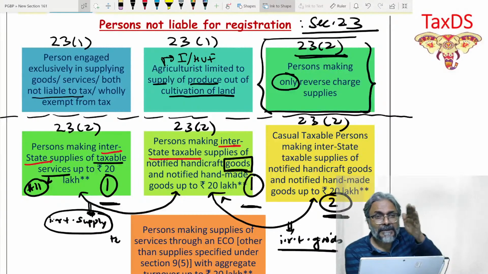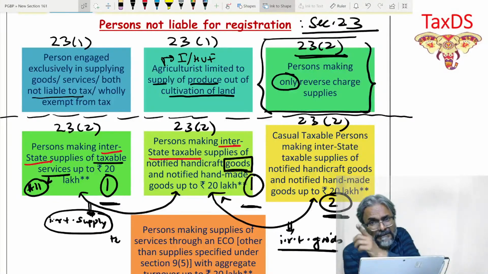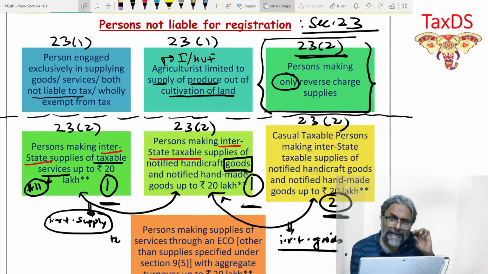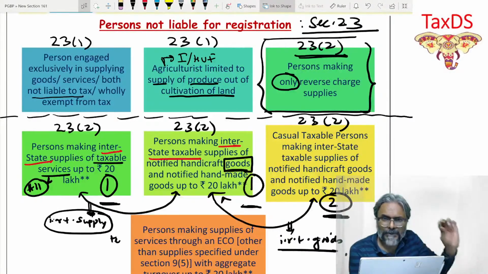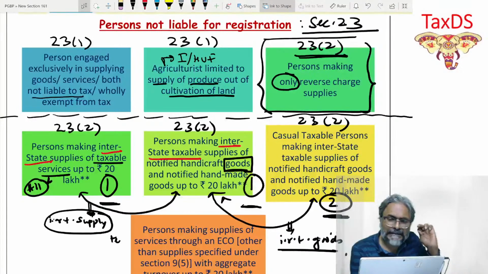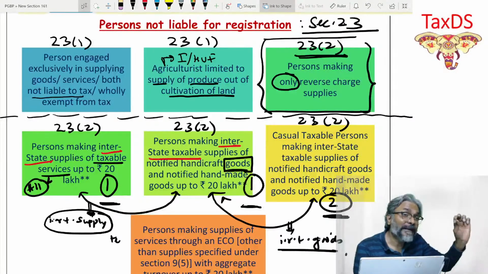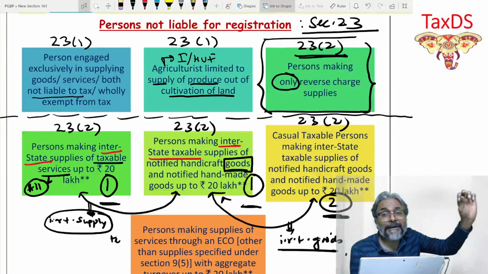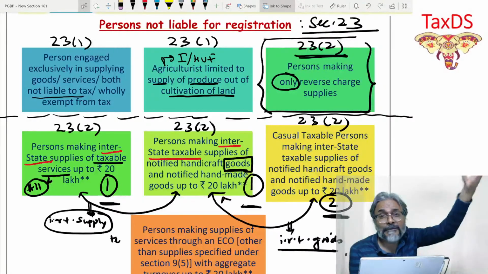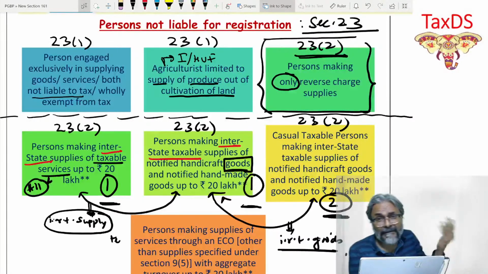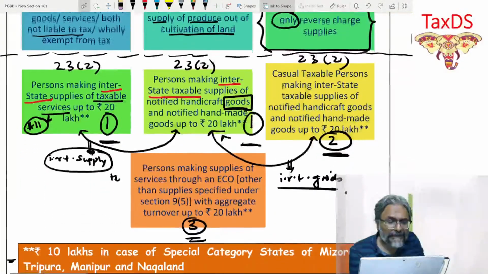The recipient who is obligated to discharge the liability under the reverse charge mechanism is supposed to get compulsorily registered under 24. Whereas here we are talking about 23(2), which is for the supplier who is only supplying where the liability to pay GST is under RCM. So he will never have the liability, and if he never has the liability, exemption is given to him.